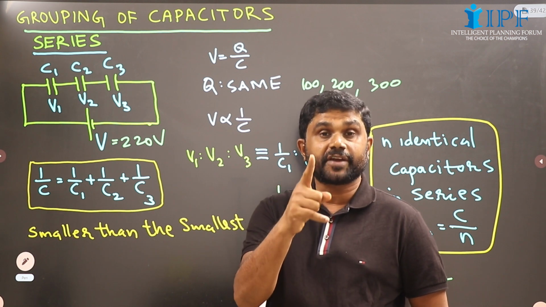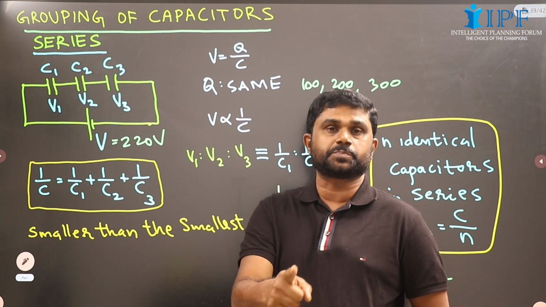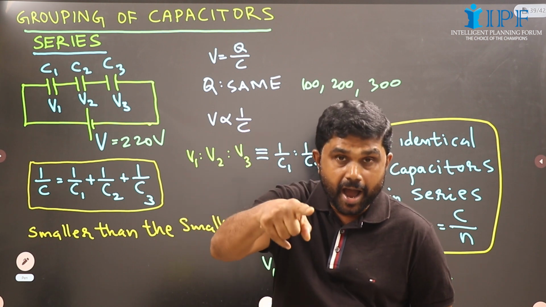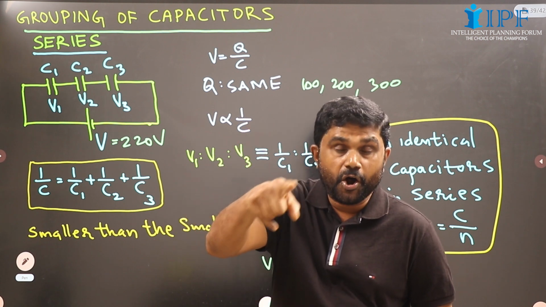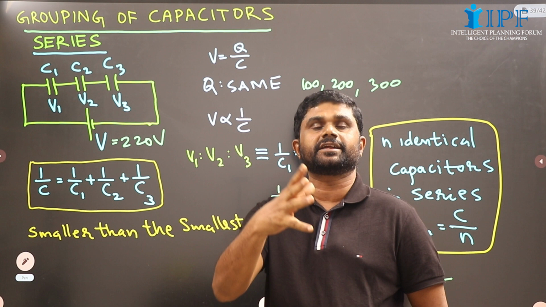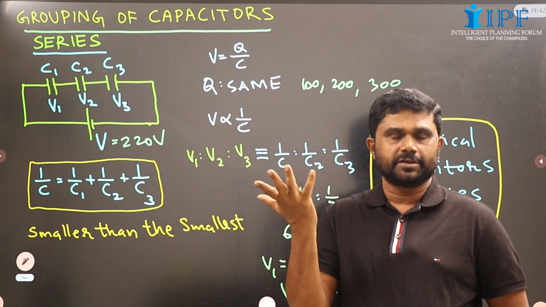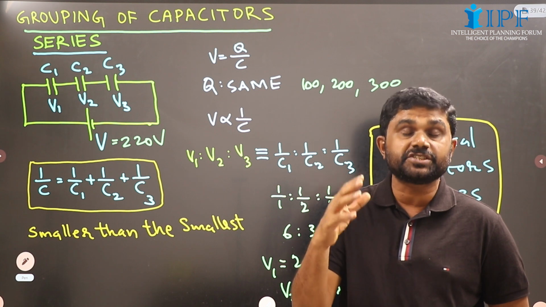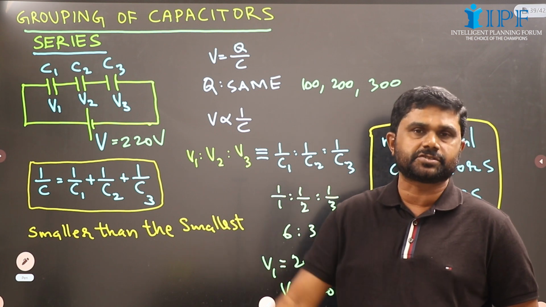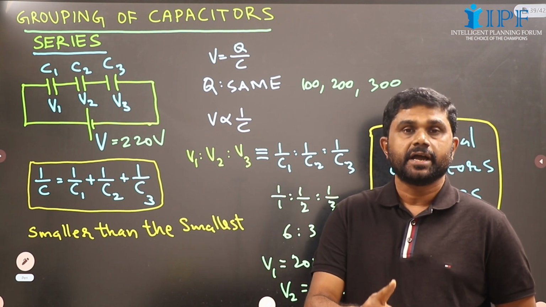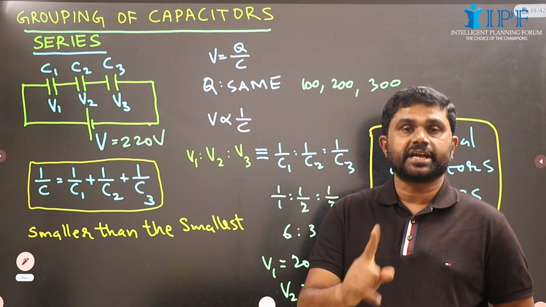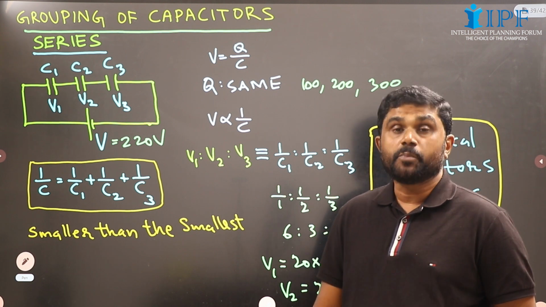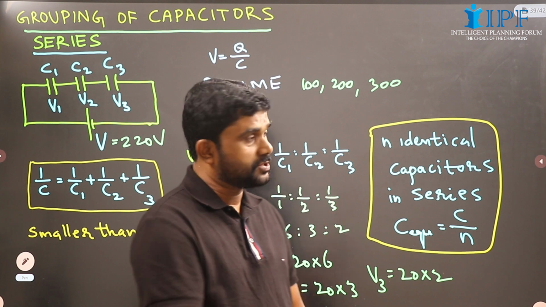Then the effective capacitance of all the three must be smaller than the smallest among the individual, means it should be smaller than 100. If you get an equivalent capacitance which is more than 100, definitely it is wrong. You should get an effective capacitance that is smaller than the smallest among the individual capacitors.